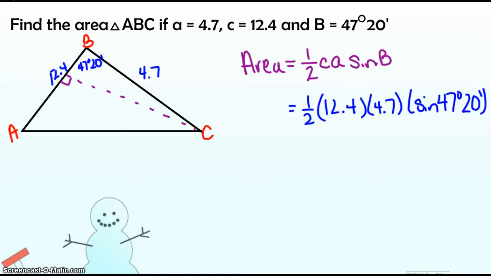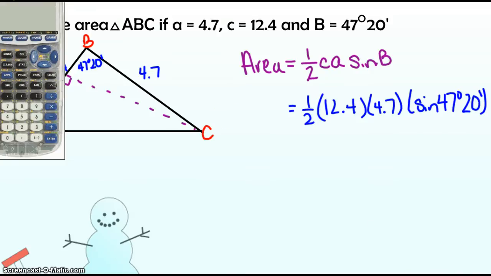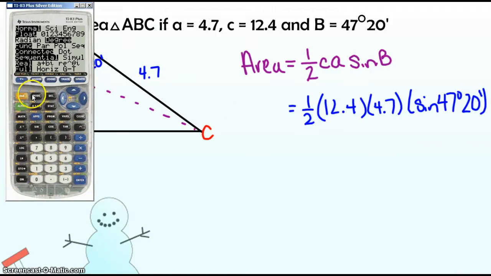So let's get our calculators out. Turn it on. Make sure you're in the right mode. You want to be in degree mode. So we need to take 1/2 times 12.4 times 4.7 times the sine of 47 degrees, so second angle, second apps gets you your angle menu, and 20 minutes.